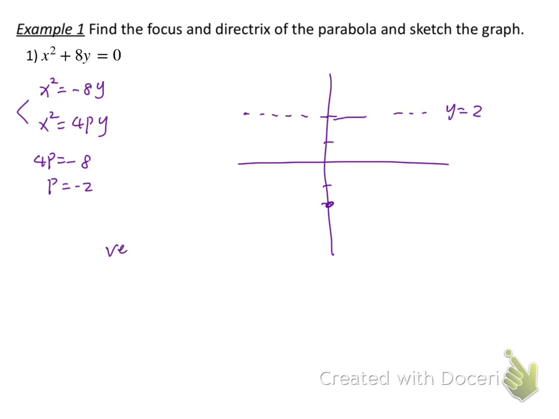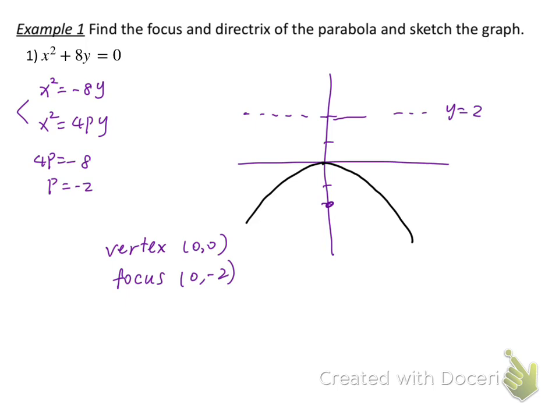Okay, so the vertex is 0, 0, always. And the focus will be 0, p in this case, 0, negative 2, because you have an x squared term. So it's either open upward or downward. And it opens toward the focus. So this is how it looks.